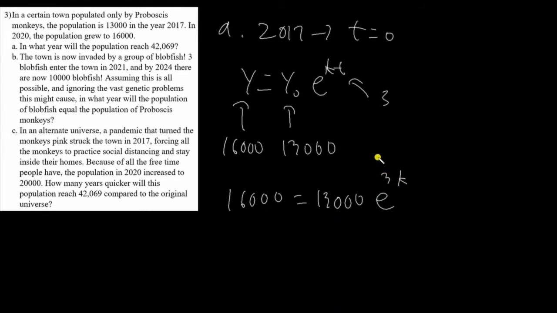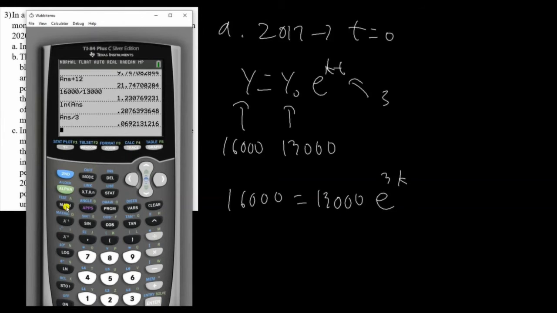And then once we solve this equation for k, let me pull out the calculator. And then this is our k value. And remember, I said never round your k value when you're using it in problems. So I'm going to store this in the variable a. Store. Okay, so it's a different notation. The variable a. So now whenever I type a, this is what's going to come up.